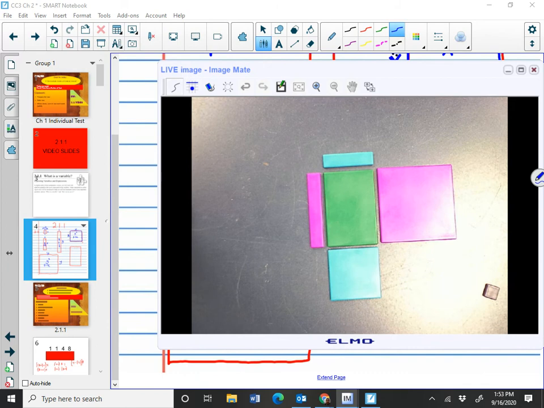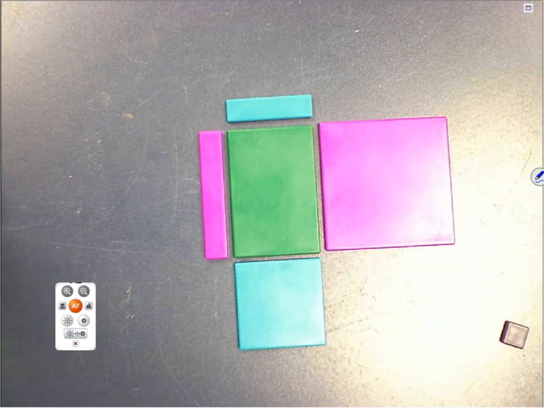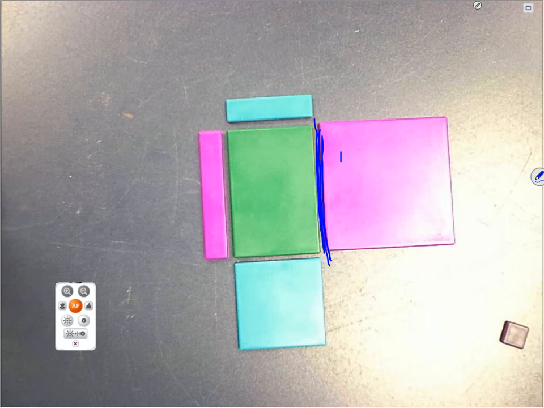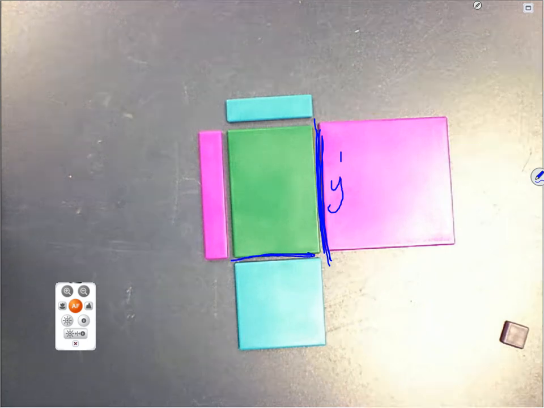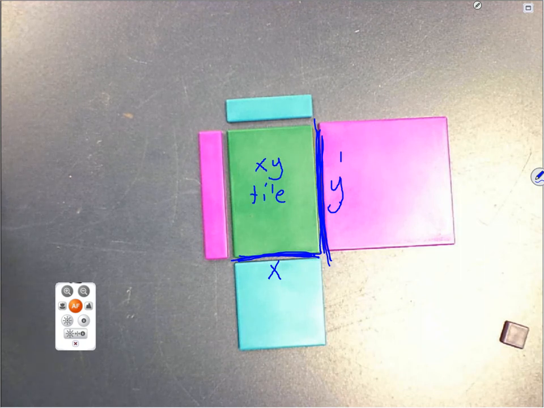Well, what that means is that this side here, the long side, seems to be y. And the short side over here is the same as the x. So this other tile has y on one side, x on the other side. And if I multiply those, what would I get? I would get an x, y tile.